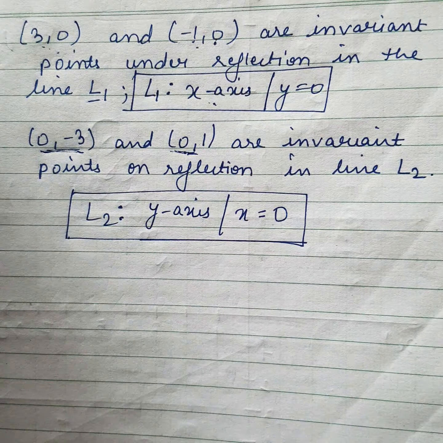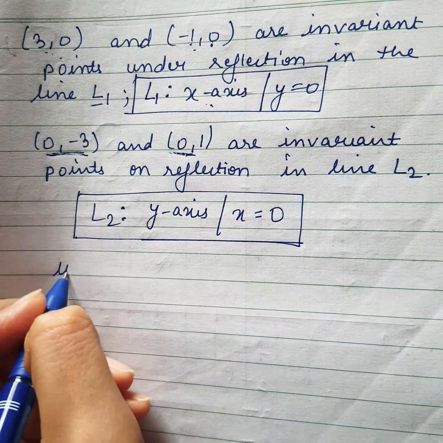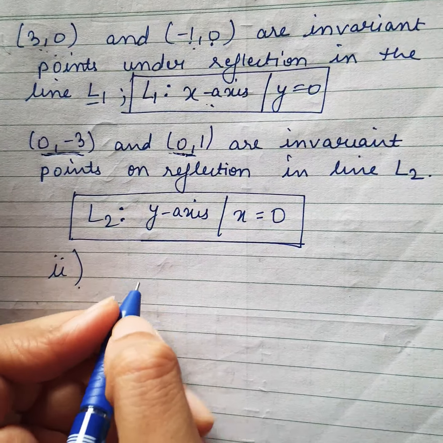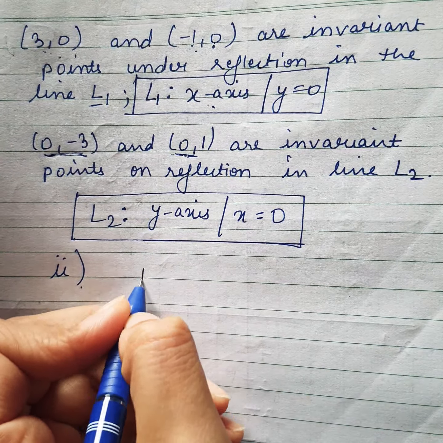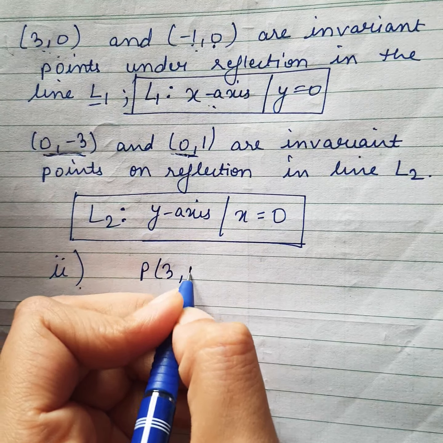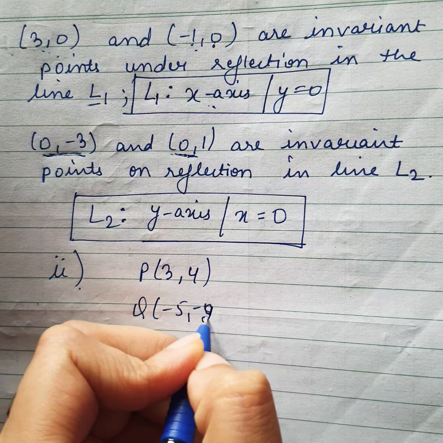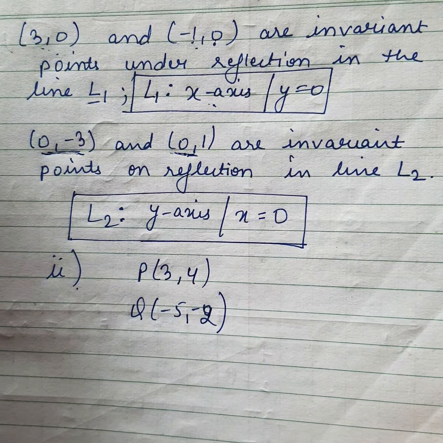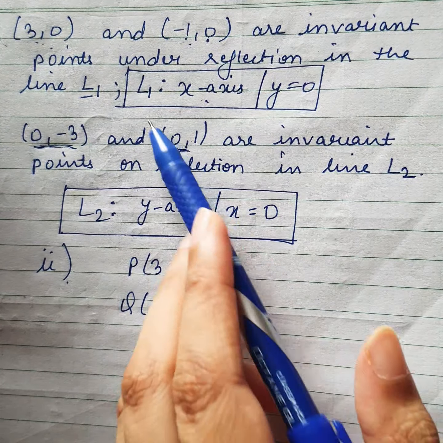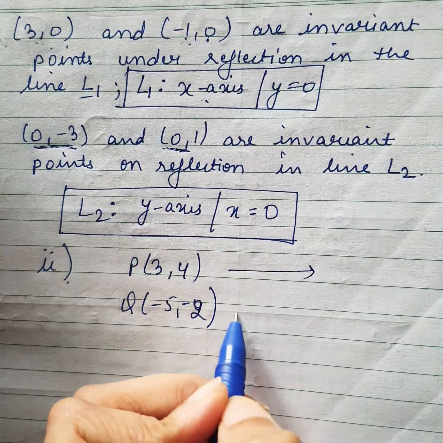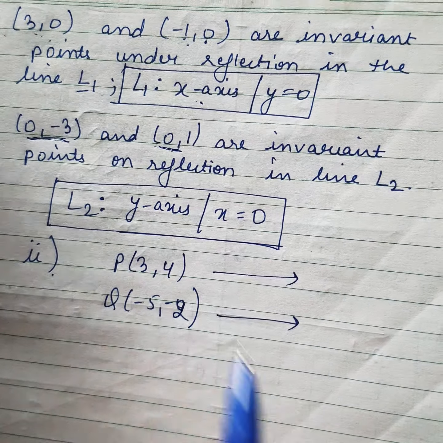Now the next part of the same question, the second part, says write down the coordinates of the images of points P and Q on reflection in L1. Since we know L1, we can do this part properly.